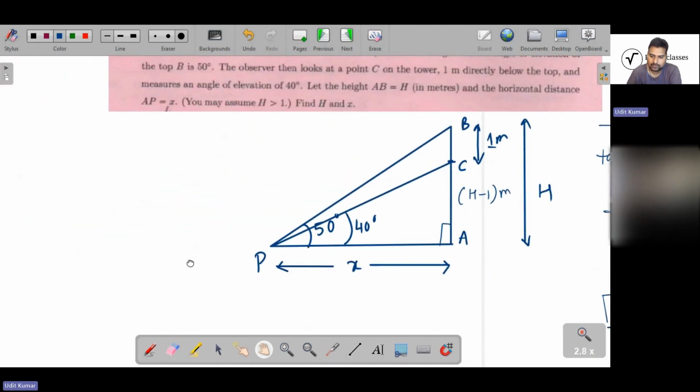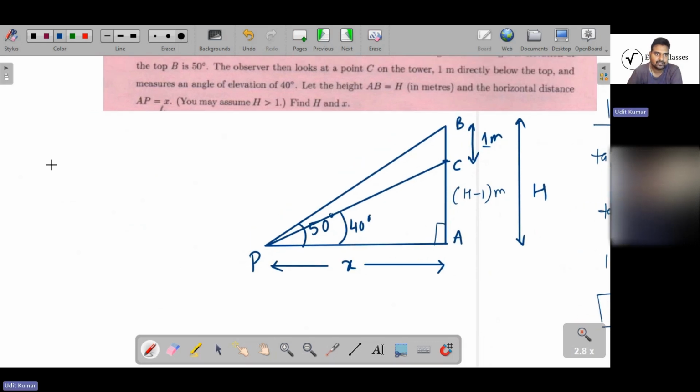Then what should I do? Let's take triangle PAC. What will happen? Tan 40 degrees, again opposite is AC, which is h minus 1, divided by again x.